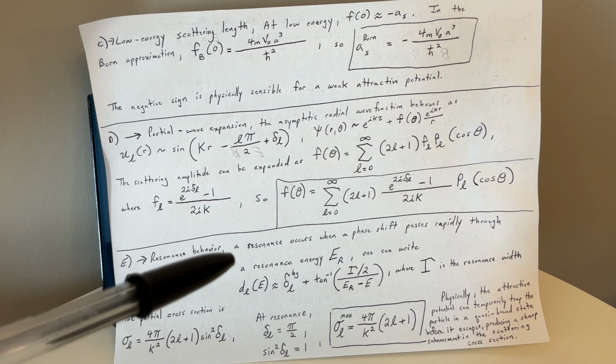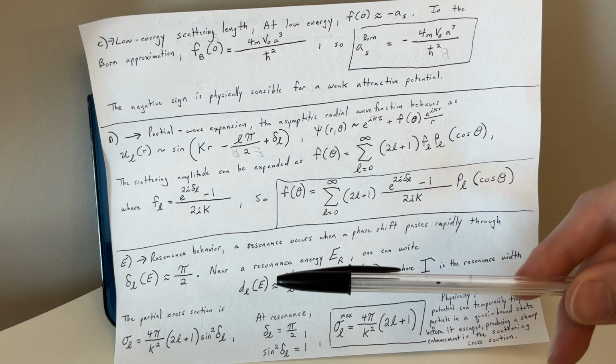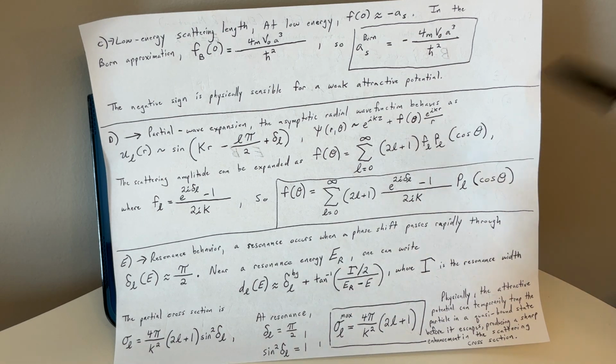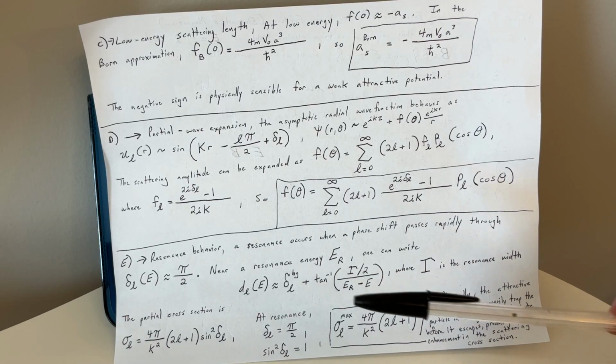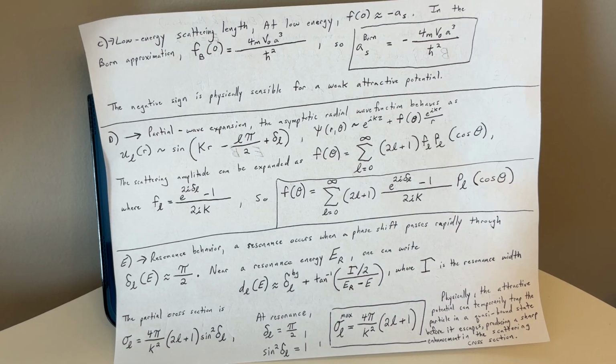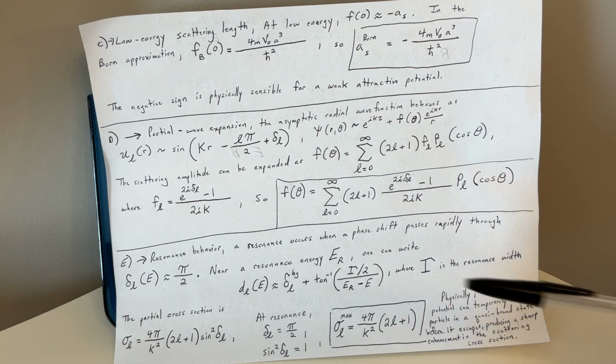Part E, resonance behavior. A resonance occurs when a phase shift passes rapidly through delta sub L of E approximately pi over 2. And near a resonance energy E sub R, one can write delta sub L of E is approximately delta sub L background plus inverse tan of gamma over 2 over E sub R minus E, where capital gamma is the resonance width.